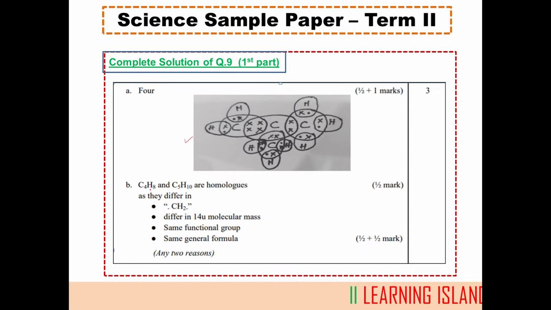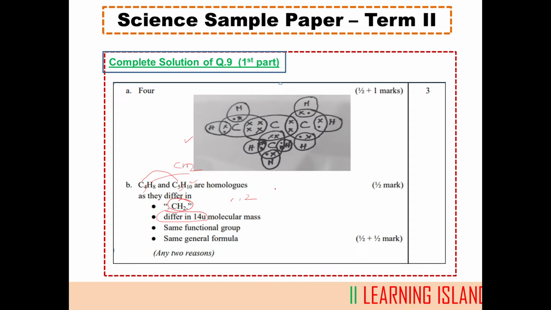This is the homologous chain. Here you see only the carbon has been increased. Here carbon number is 4, in this compound it is 5. Hydrogen is 8, so it is increased by CH2. So in this compound they are homologous because there is a difference of only CH2, and you can describe this in this way also, that they differ by 14 u, that is AMU, atomic mass unit, because carbon has 12 AMU and hydrogen has 1, so 2 into 1 is 2, so 12 plus 2 is 14.